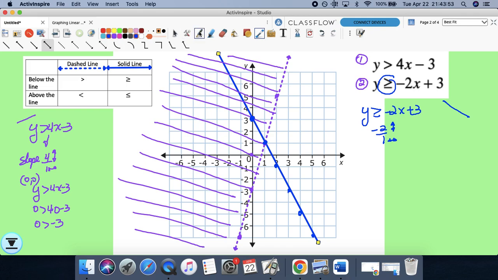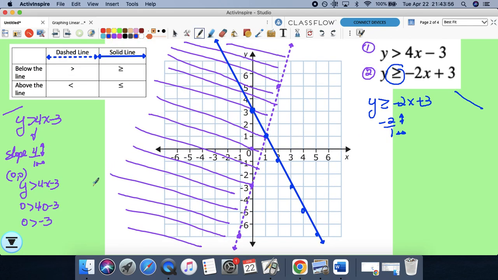And now, just like we did with the previous inequality, let's use 0, 0 because it's available. We're going to take the point 0, 0, replace x and y with 0, and see if that inequality remains true. So we get 0 greater than or equal to negative 2 times 0 plus 3. 0 is greater or equal to positive 3.